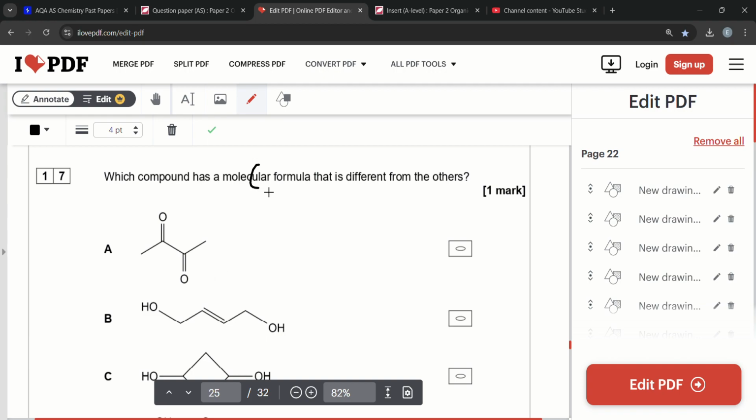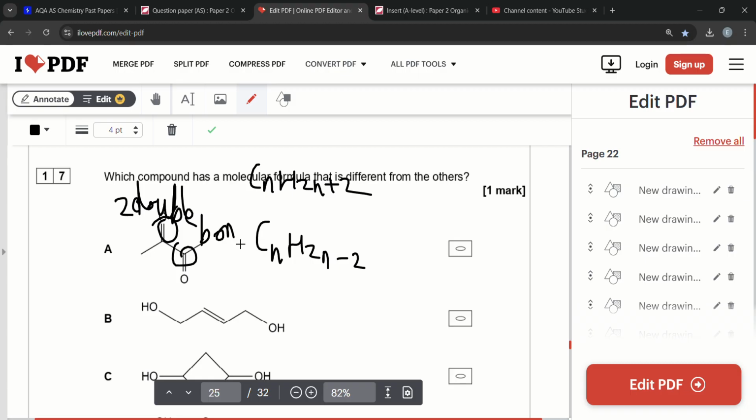Now, because they've all got carbons, it's usually CnH2n+2. But now we need to look at the double bonds, and for every double bond, we minus 2 hydrogens. In this case, the molecular formula is going to be CnH2n+2, minus 2, minus 2, so CnH2n-2, because we've got 2 double bonds. In this case, we've got 1 double bond. So what's the molecular formula going to be? CnH2n+2 minus 2, so it's going to be CnH2n.